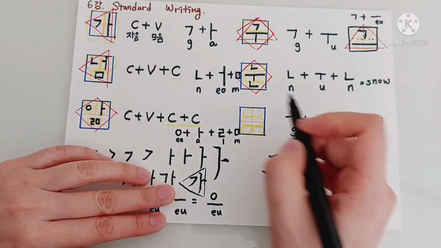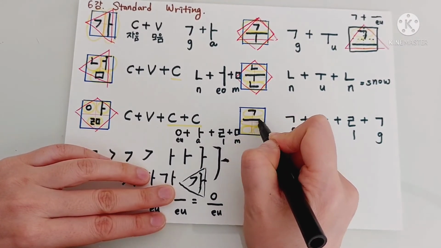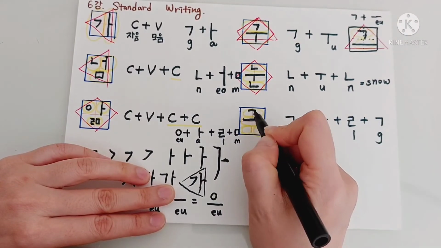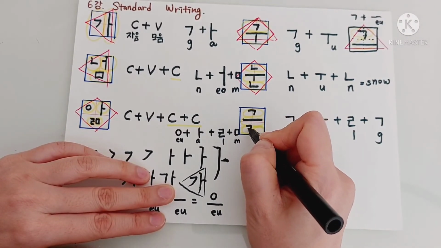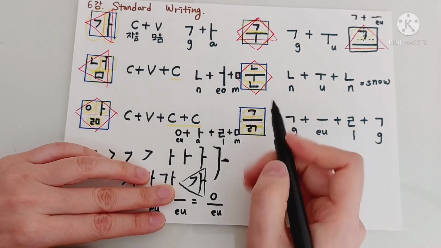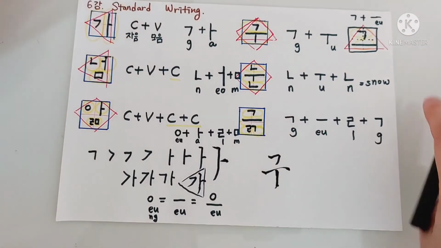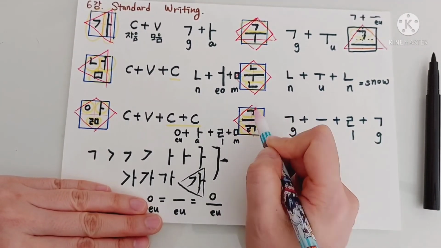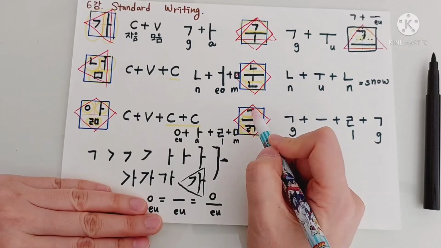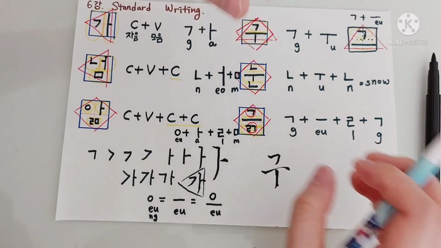Let's try 그 in the middle, and then to match the balance, like this, the same size, so it doesn't look weird. This one quite matches the balance.